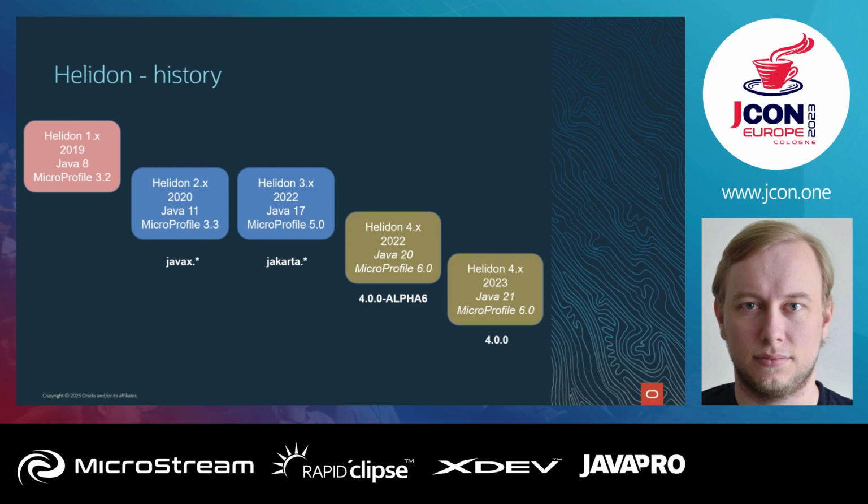Now, let's take a look at a very brief history, because Helidon 1 was released in 2019, and we were targeting Java 8 there. Since then, we have moved the base version of Helidon quite a lot to bring our users the newest features of Java as soon as possible. And in 2020, we released Helidon 2, which is currently based on JDK 11.